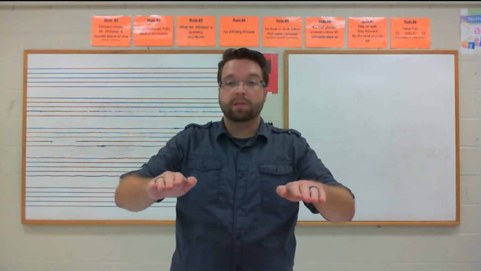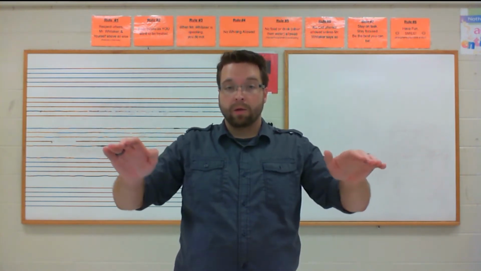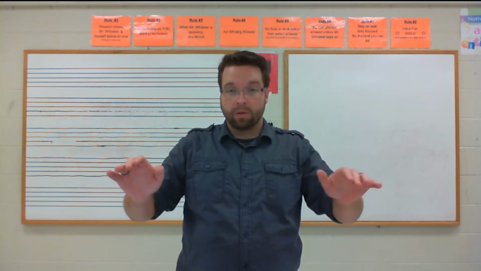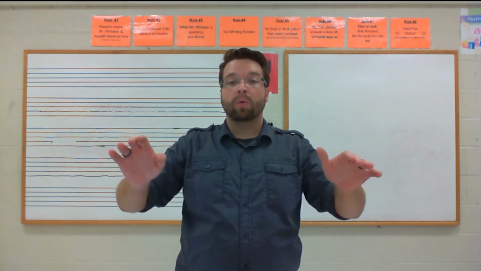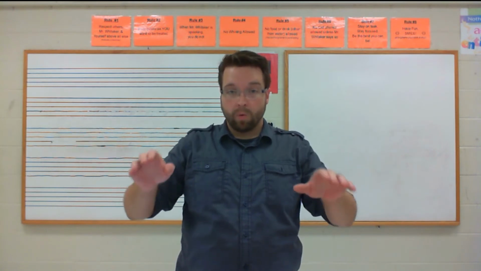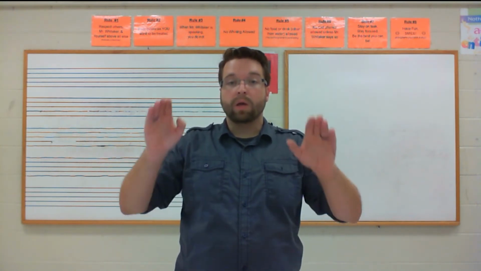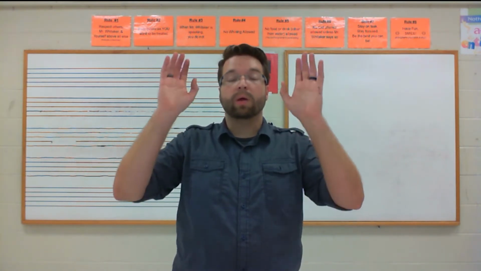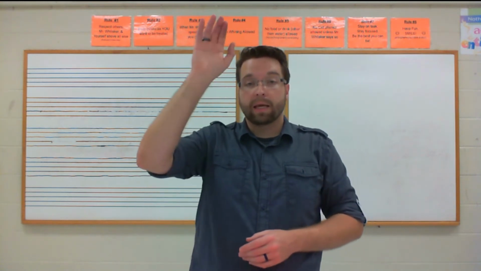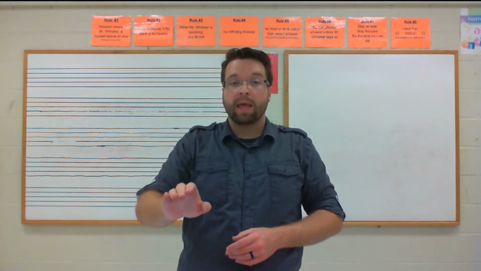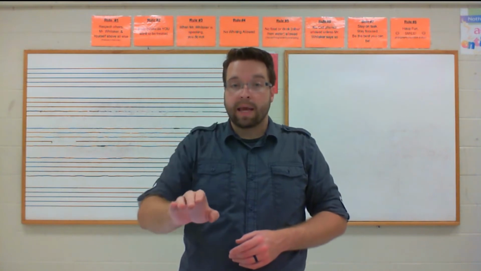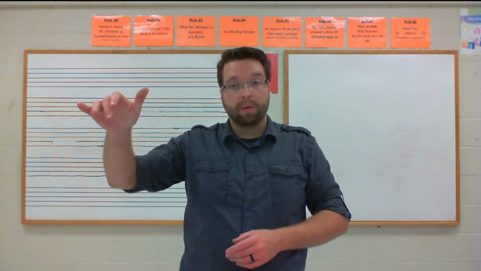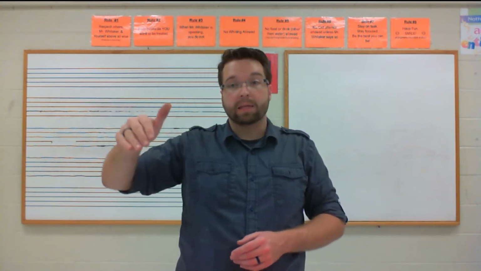So it looks like this for duple. 1, 2, 1, 2, strong, weak, strong, weak, and so on and so forth. As I come down to 1, that's the ictus, that's the downbeat. As my hand comes up, that's an upbeat because my hand is going up.